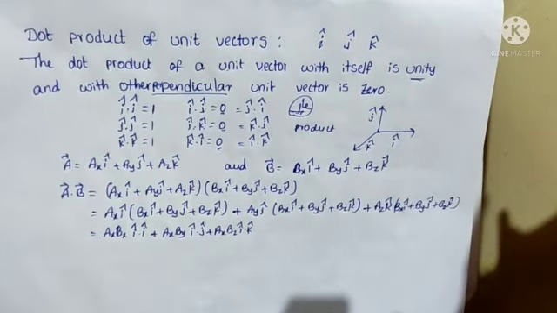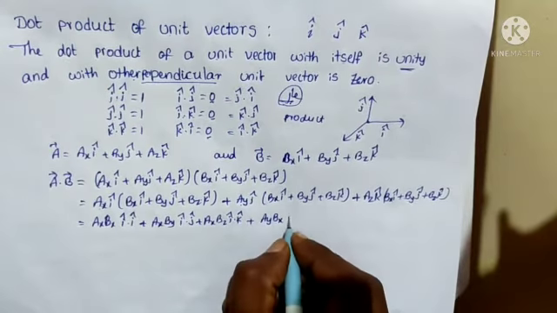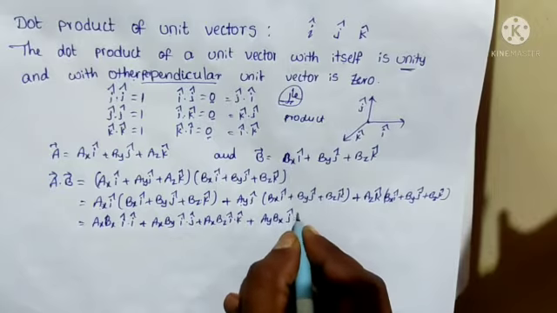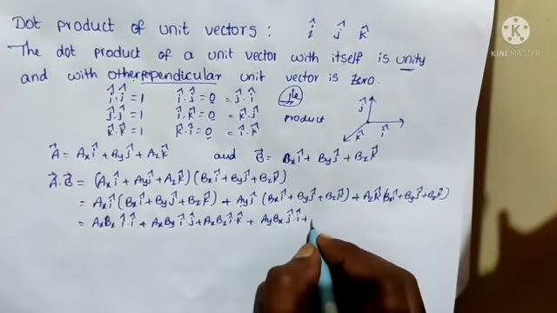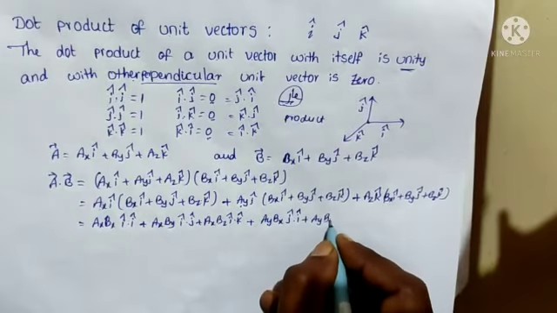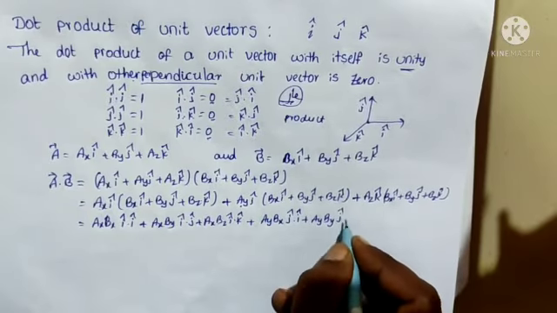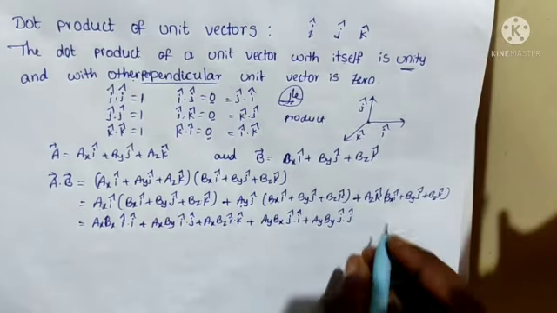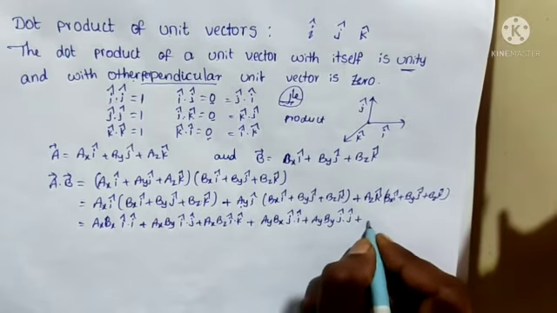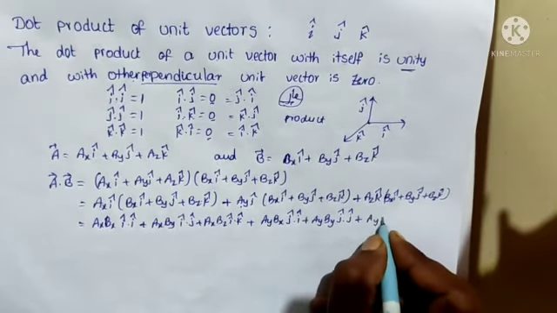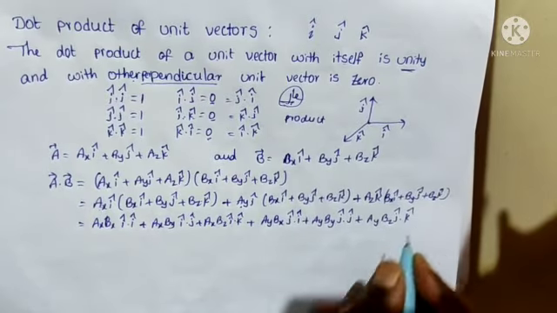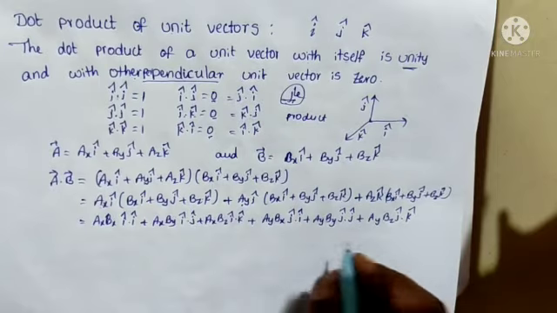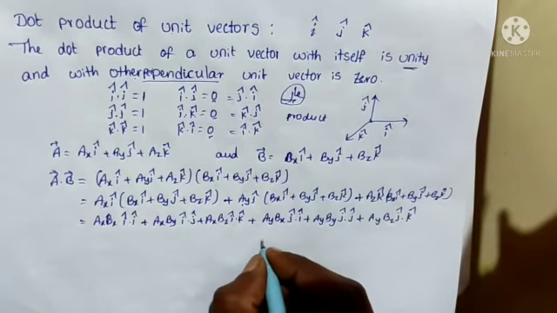Same like the second one, Ay Bx into j cap dot i cap, plus Ay By j cap dot j cap, plus third one Ay Bz j cap dot k cap. So like that, Az is multiplied with each and every term in that bracket.